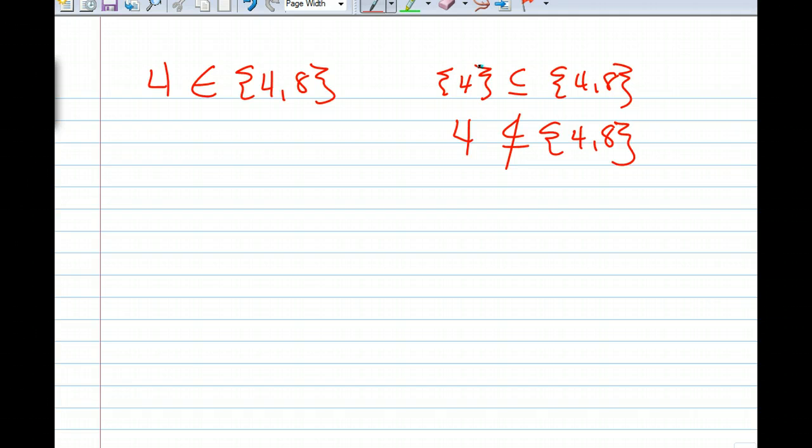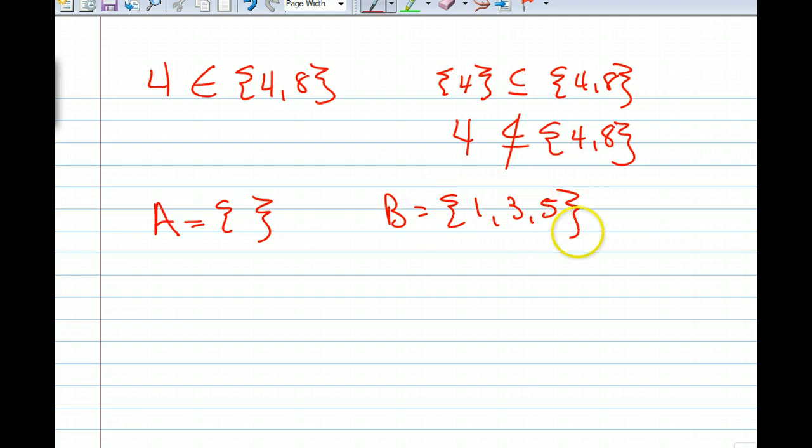So you're going to have some questions like that on your homework today. Question. If I have a set A that's empty, and I have B as a set that has 1, 3, and 5 in it, is A a subset of B? And that's the common guess.